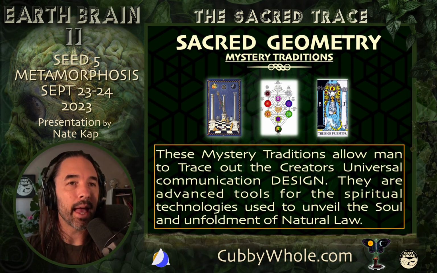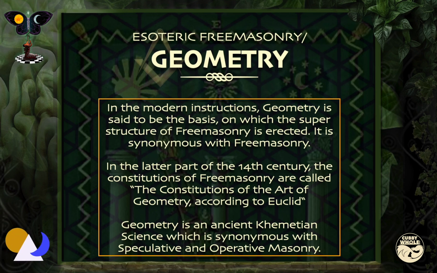Now, esoteric Freemasonry is essentially geometry. And in the modern instructions, geometry is said to be the basis on which the superstructure of Freemasonry is erected. It is synonymous with Freemasonry.